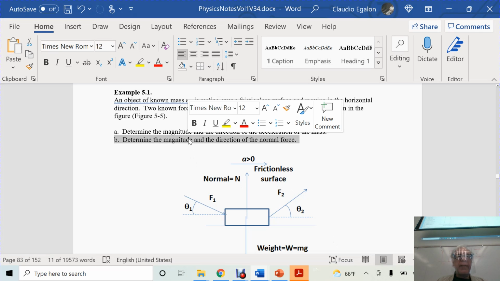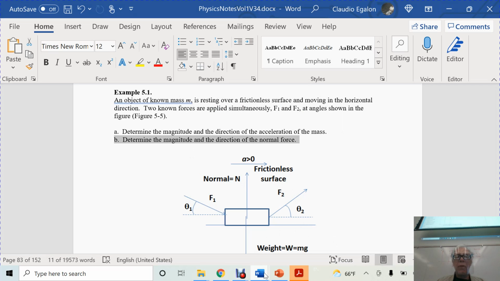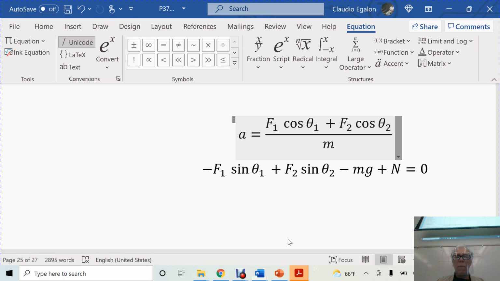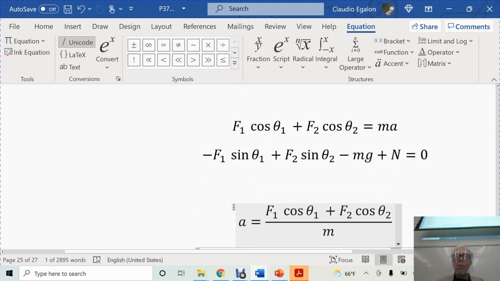Let's see item B. Determine the magnitude and the direction of the normal force. I know theta 1 and F1. I know theta 2, F2. I know mg. So it's just a matter of solving for the normal now.